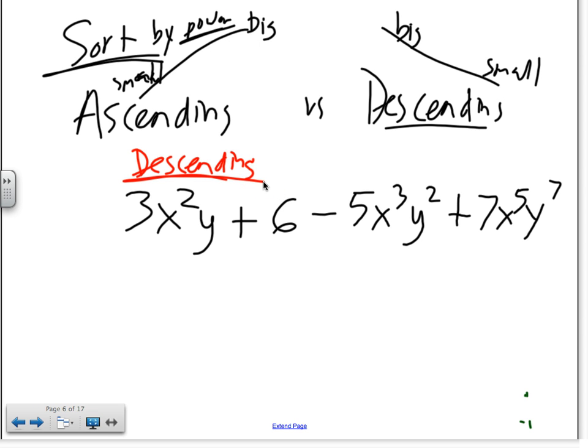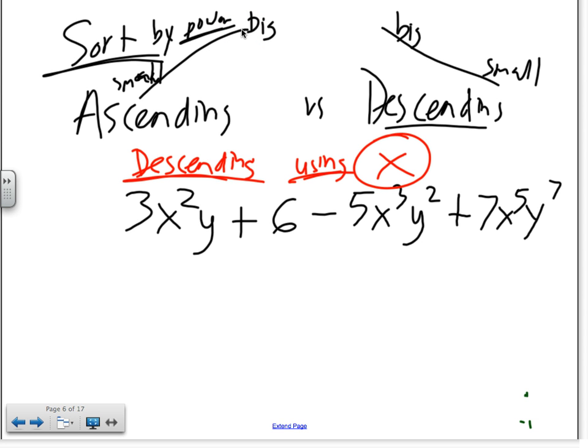And when I say that, I usually would specify, remember we have multiple variables here. They have different powers. So when I ask you to sort, I will usually describe to you what kind of variable I want you to sort it by. So I'll say I want you to do a descending sort using x, for instance. So that means all that you need to focus on is the variable x and the power above it.